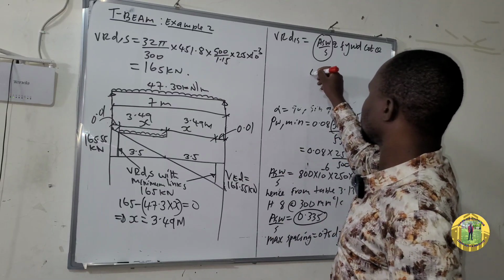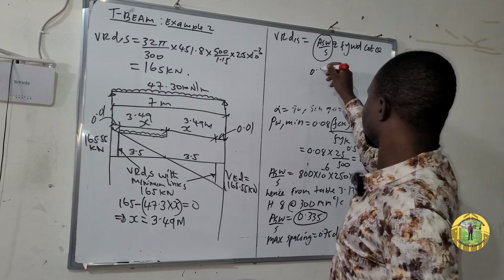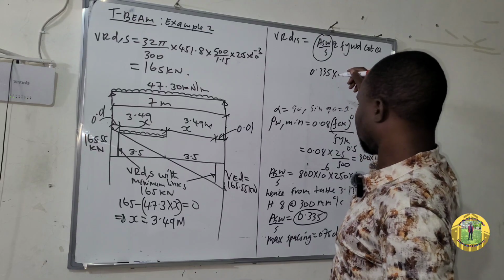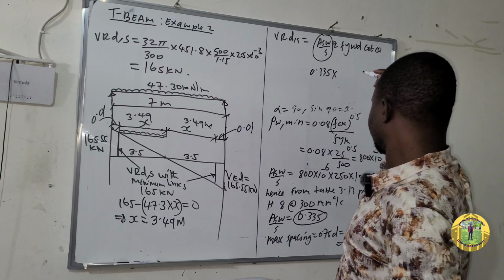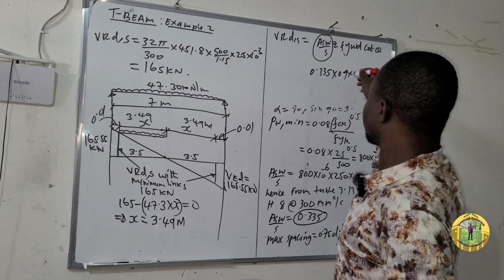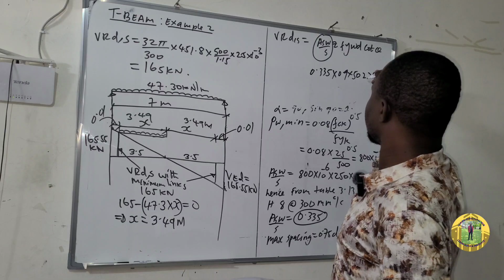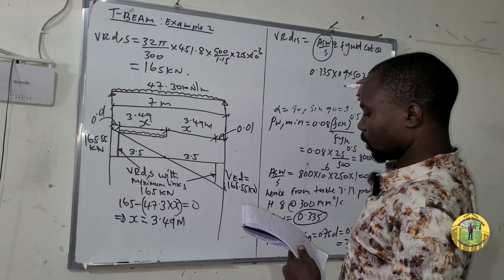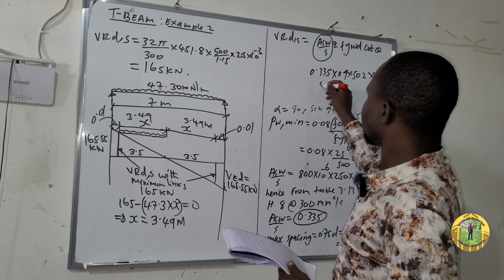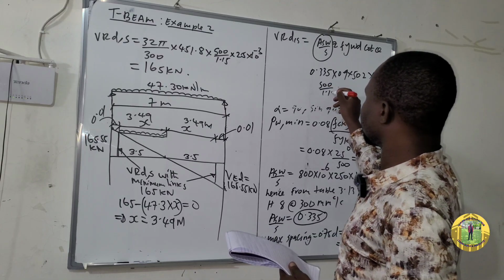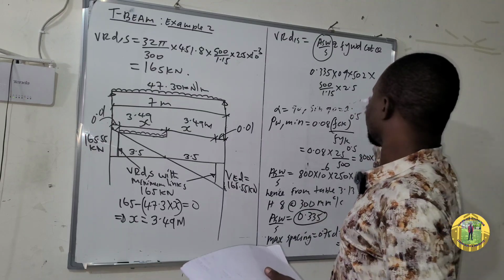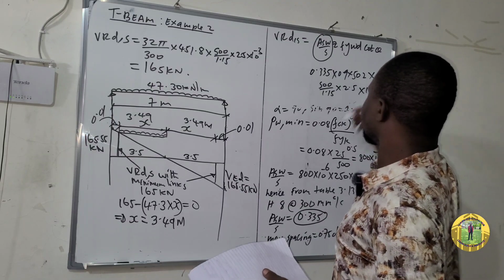So this is 0.335 times Z. Z is 0.9 times 502, times FYWD is 500 over 1.15, times cot theta is 2.5, then times 10 to the power of negative 3.